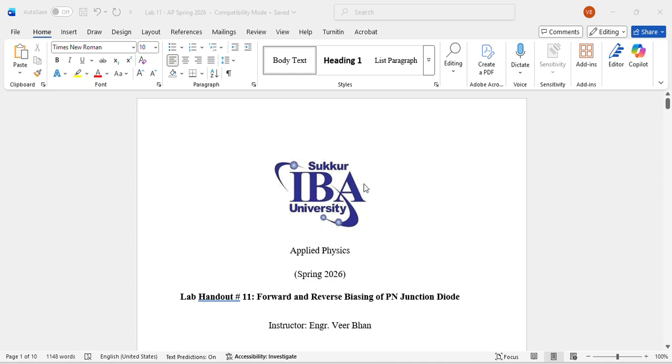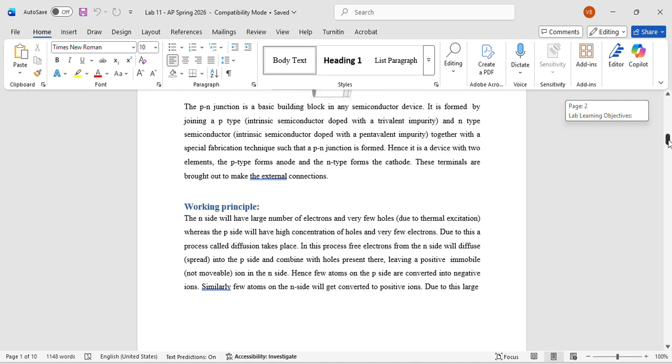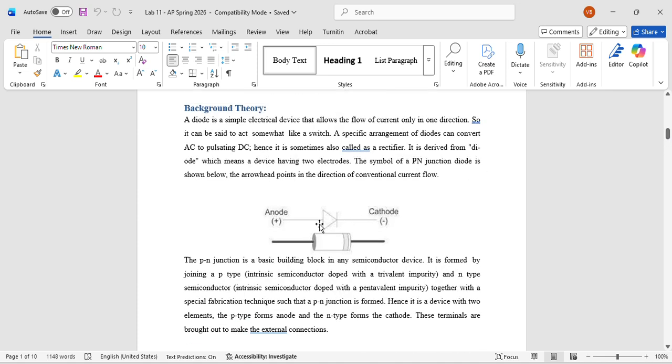Okay, so let's continue with the forward and reverse biasing of the PN junction diode, as we are already familiar with the theory. This is the symbol of the diode, in which this side shows the anode, positive, and this side shows the cathode, negative.